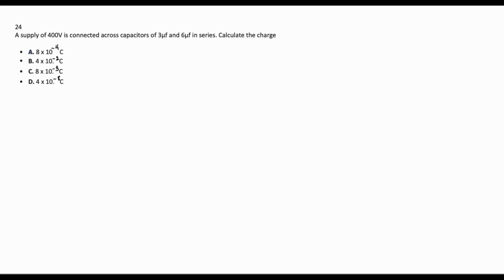Question 24 says a supply of 400 volts is connected across capacitors of 3 microfarads and 6 microfarads in series. Calculate the charge. The formula for charge, Q, is equal to VC, where V is the voltage and C is the capacitance. Now, for capacitors connected in series, the C here is not the individual capacitance, but the equivalent capacitance.